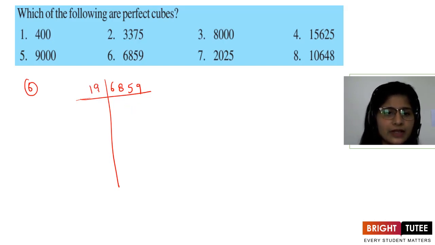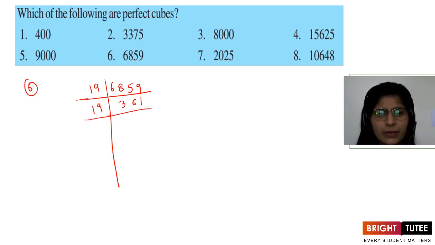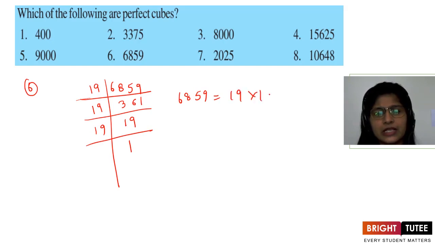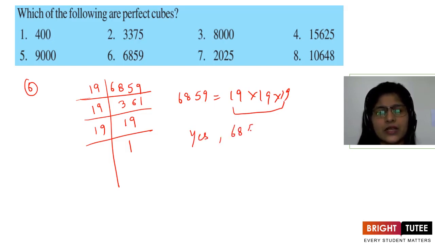Let's divide it with 19. So we get 19 threes are 57, 6 and 1. Again with 19 we get 19 and 19. Right? So we see that 6859 can be expressed as 19 into 19 into 19. That means it's a cube of 19. So yes, 6859 is a perfect cube.